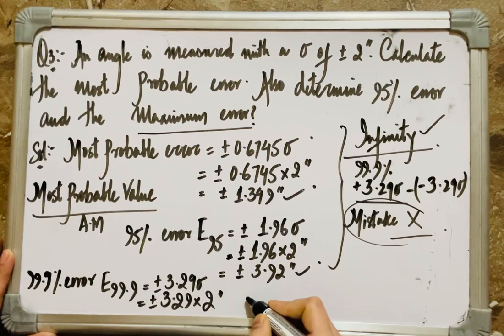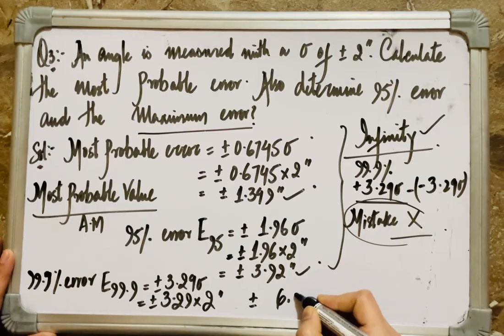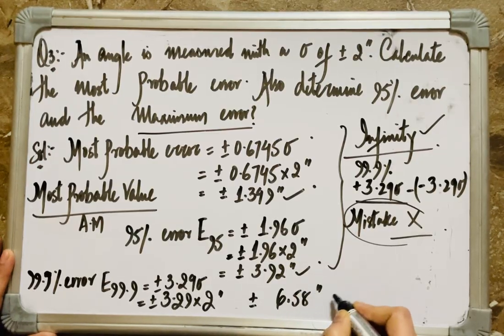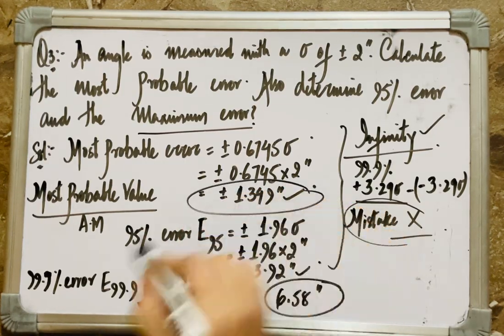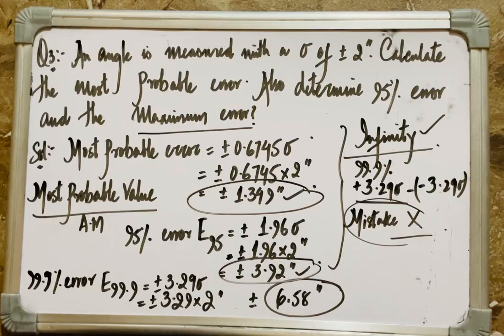So by calculations, it is equal to plus minus 6.58 seconds. All right, so we have completed all three parts of the question. We have calculated the most probable error, 95% error, and 99.9% error, which is also known as maximum error. Moving on, let's do the next question.